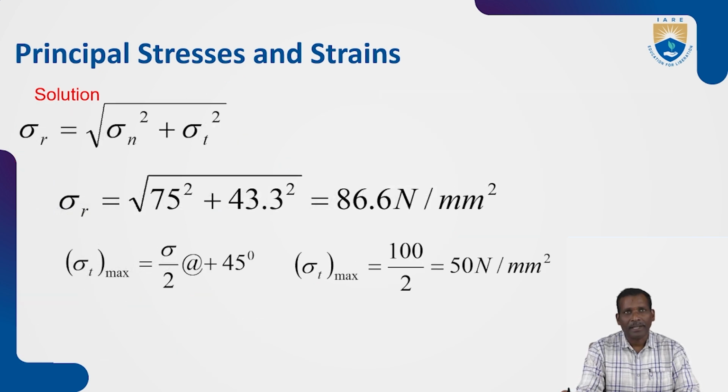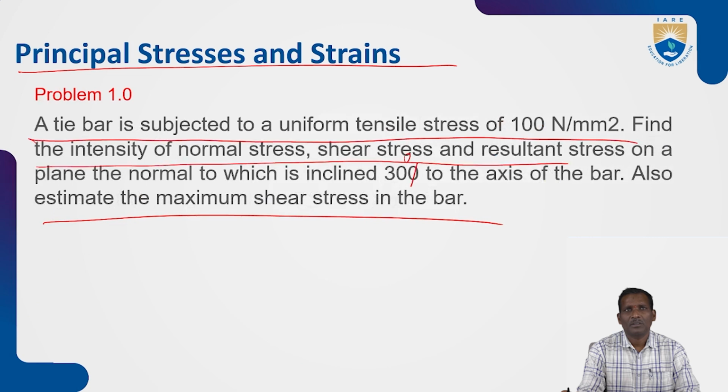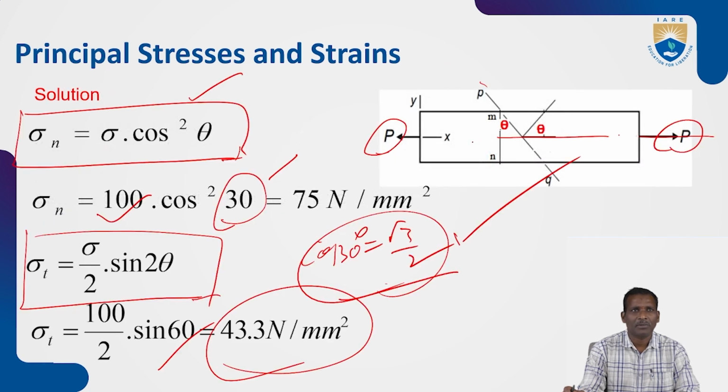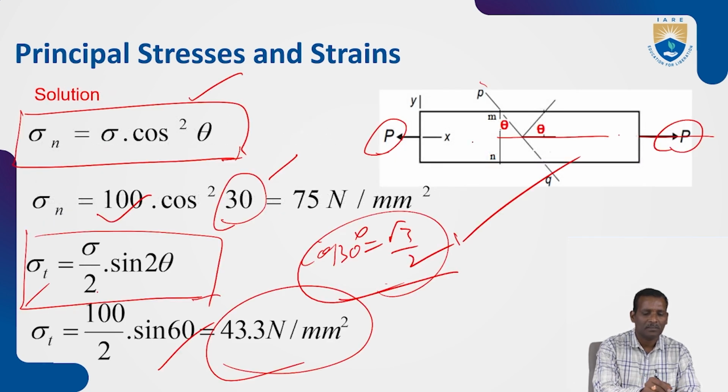The final resultant: what was asked is the intensity of normal stress, already calculated, and the shear stress, already calculated, that is sigma t equals sigma by 2 into sine 2 theta.